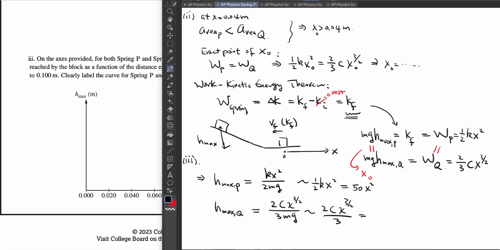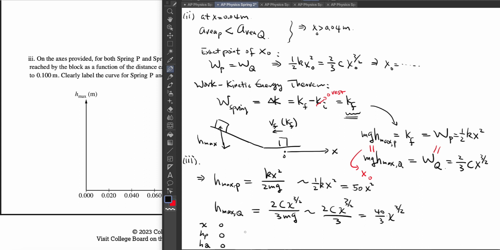Now let's see. c is 20, so we have 40 over 3 x to the power 3/2. You can write out a series of points. For example, let's say x equals 0, then HP will be 0, HQ is also 0.